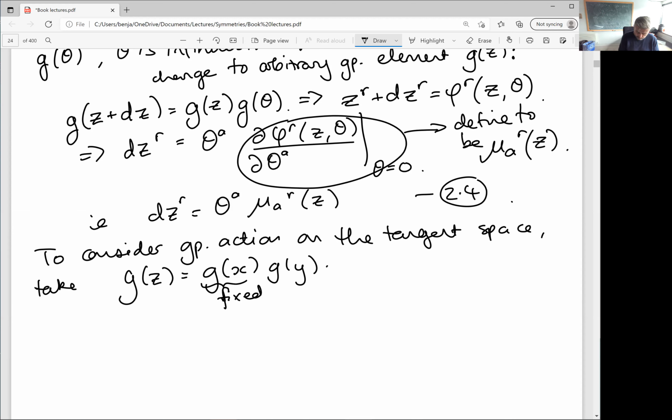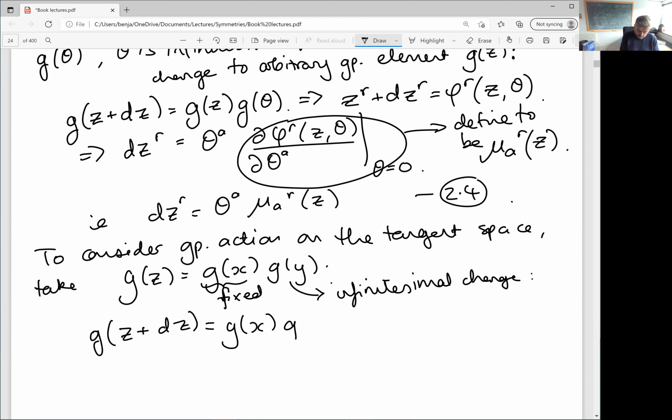But we let g_y be infinitesimally changed. In other words, we want to know what happens to z differentially when y changes a little bit. So remember, from above, this is equal to g_z g_θ.